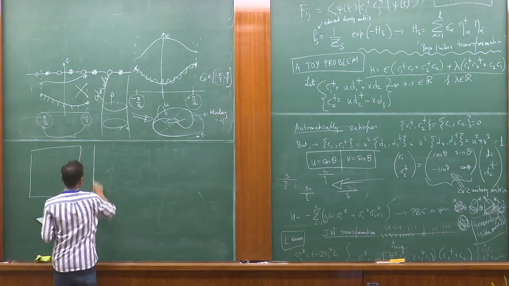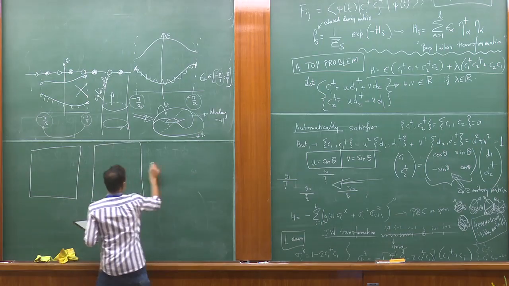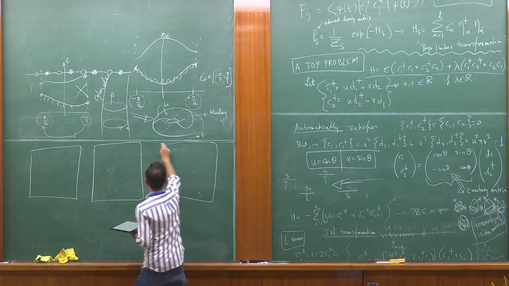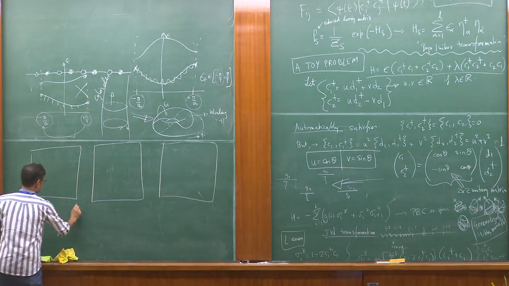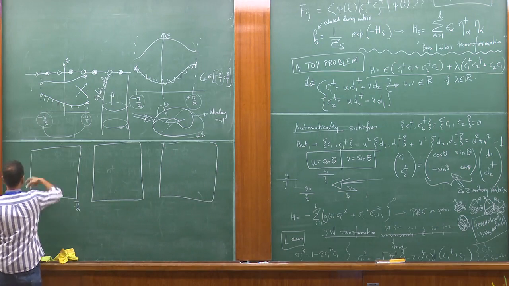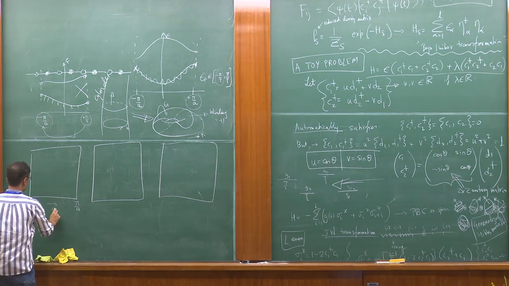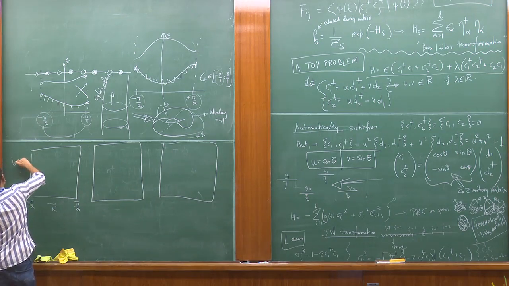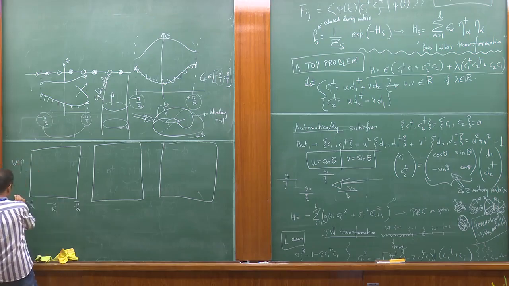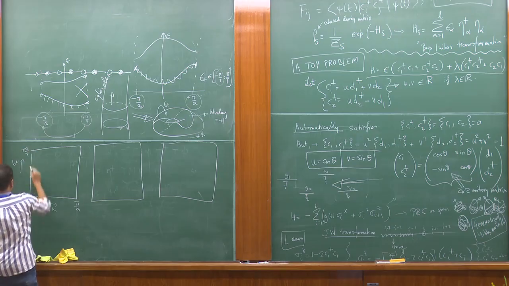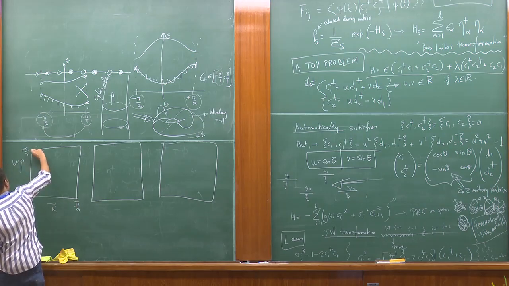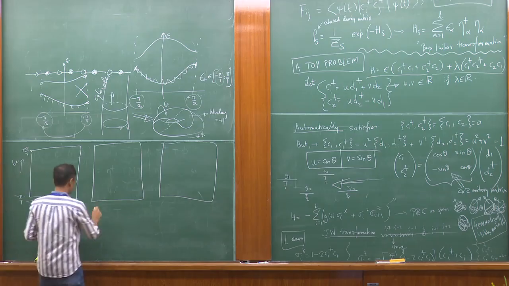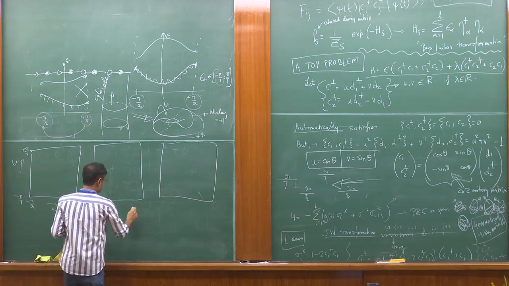Let me draw 3 different diagrams. So this is like momentum again, and this is like quasi-energy. So just like this point is identified with this point now, this point is also identified with this point now. That's the only difference.